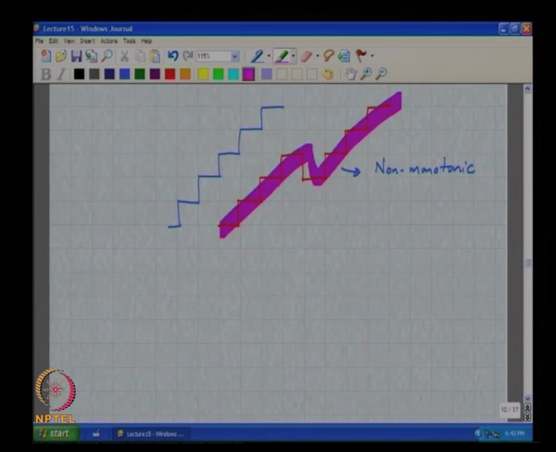Well, I think one sufficient condition to make sure that the characteristic is not non-monotonic, in other words, that the characteristic is monotonic, is to ensure that the absolute value of the DNL does not exceed 1.